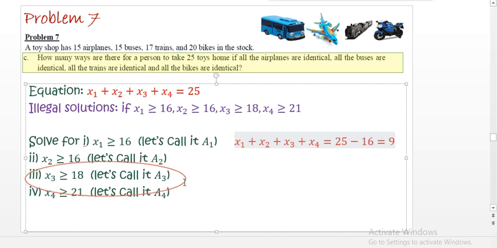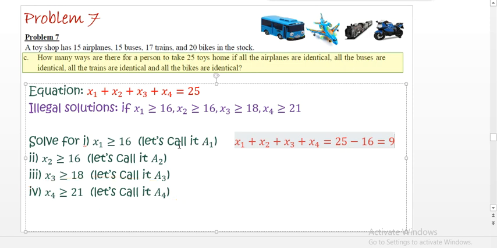So x1 plus x2 plus x3 plus x4 is equal to 7. Then we solve for x4 greater than or equal to 21. So our new equation will be x1 plus x2 plus x3 plus x4 is equal to 25 minus 21, which is 4, and we solve for this. So we'll get four counts, a1, a2, a3, a4.